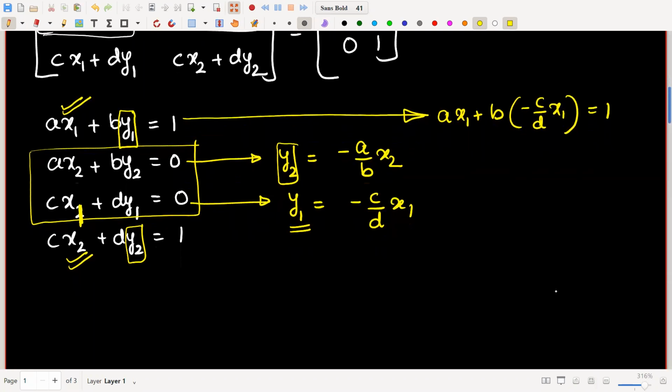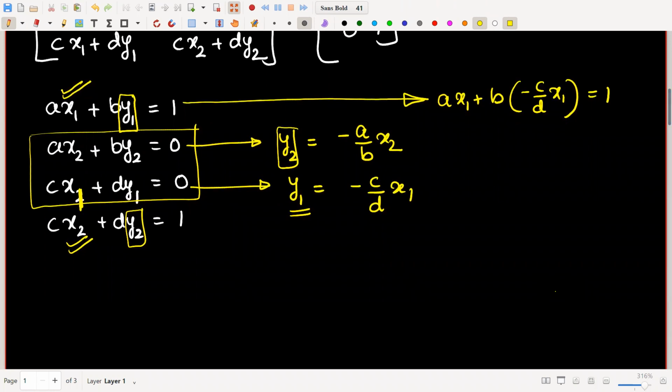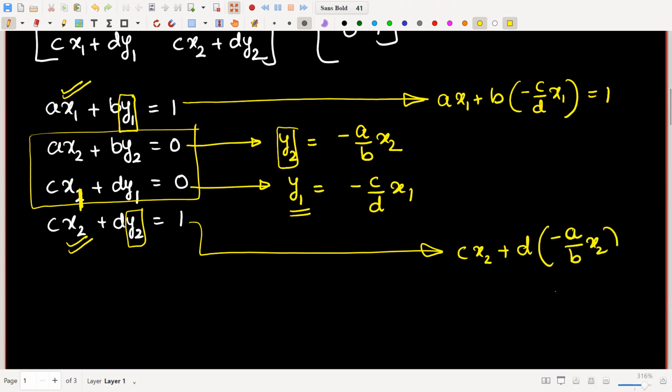I just plugged in the value for y1 and you have this equation. From this equation, cx2 plus d times y2, which is minus a by b x2, this is your y2. So this is equal to 1.